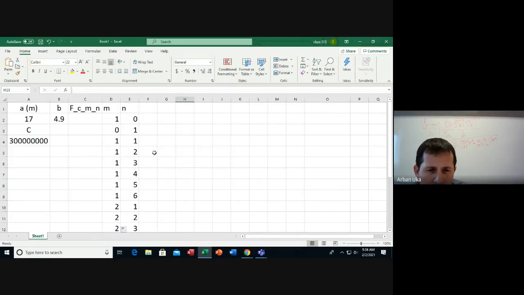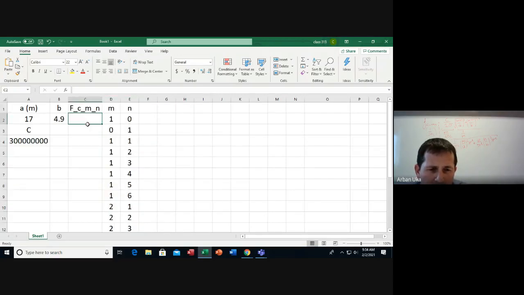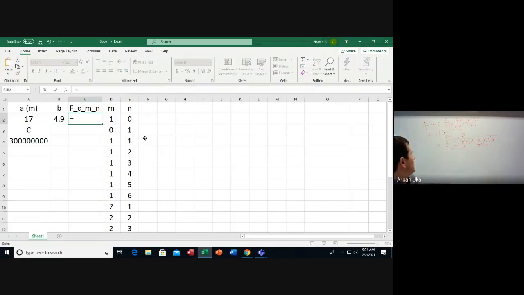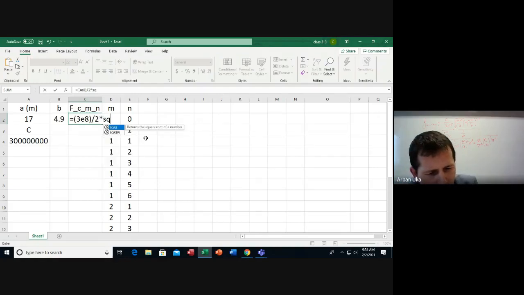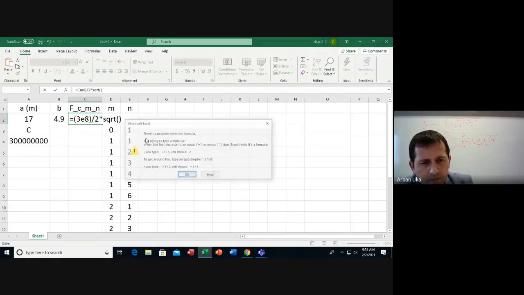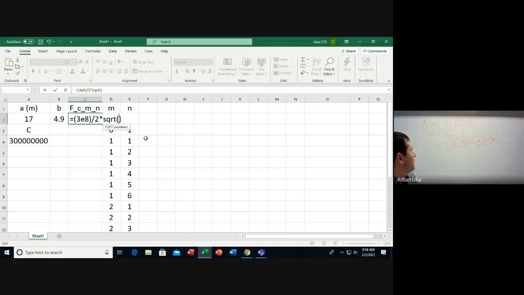Okay, we got quite a few modes. Let's see, this cutoff frequency is equal to c divided by 2, and c is equal to 3 times 10 to the power 8, divided by 2 times the square root of m squared over a squared.